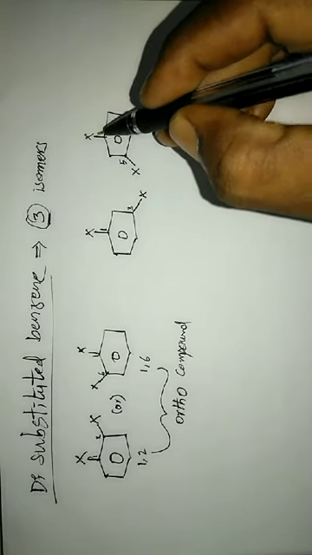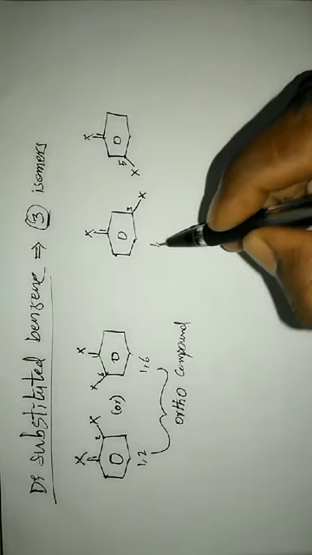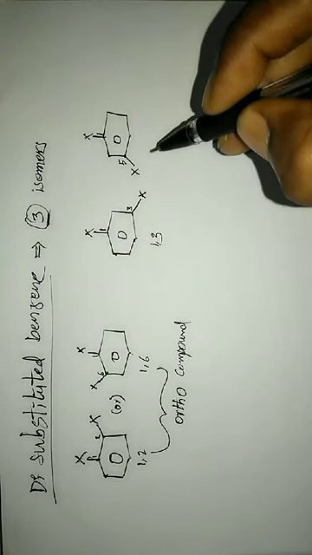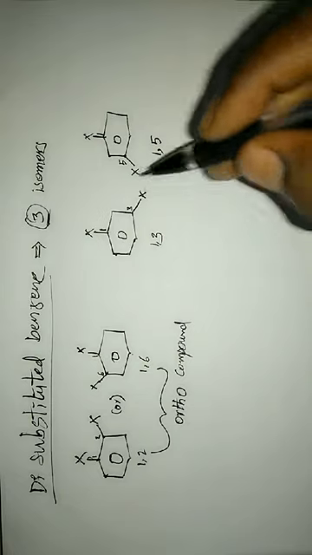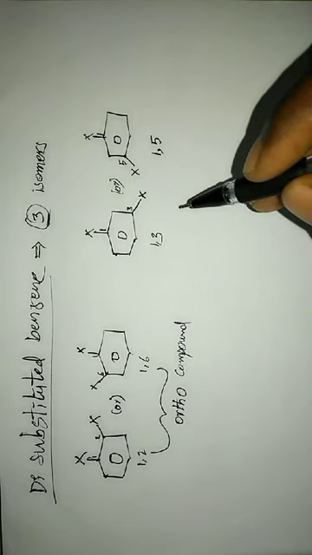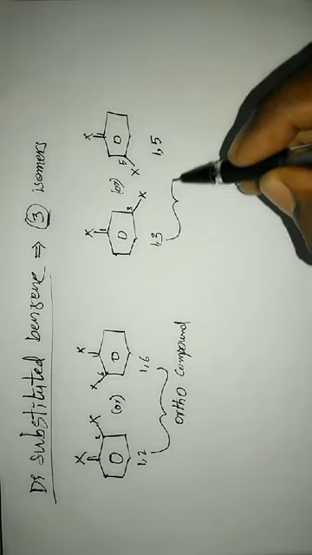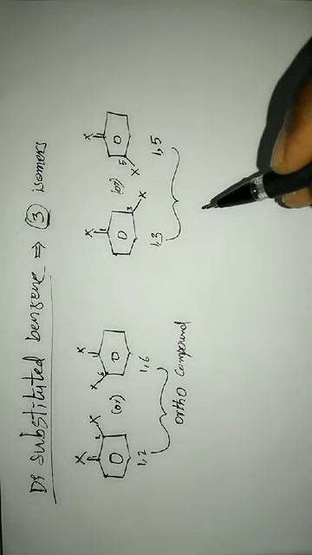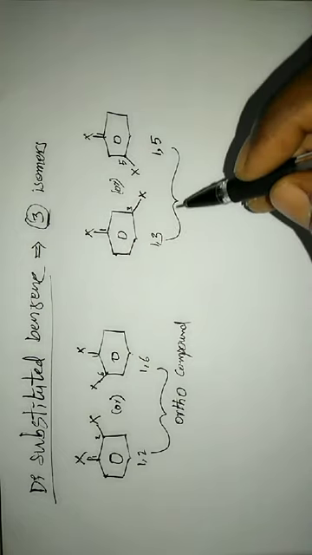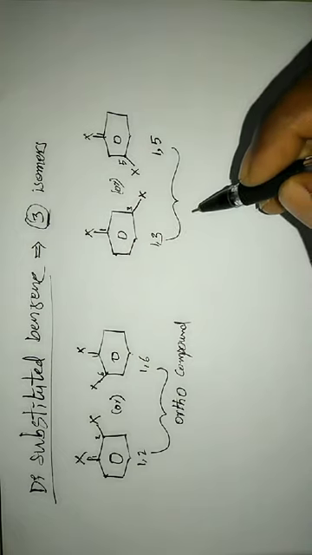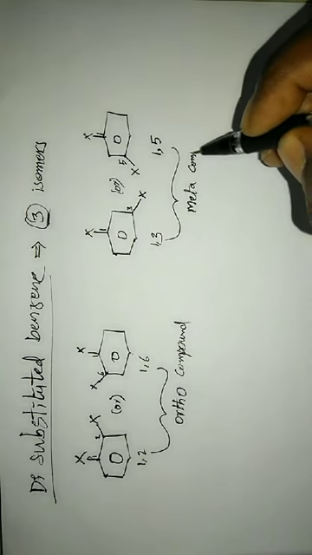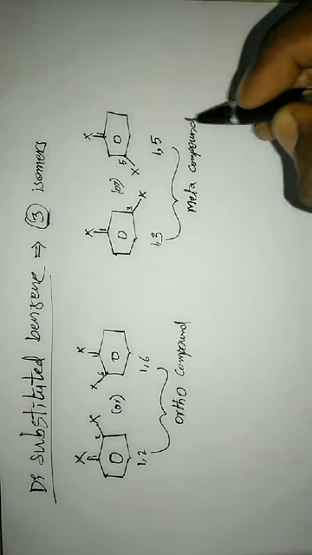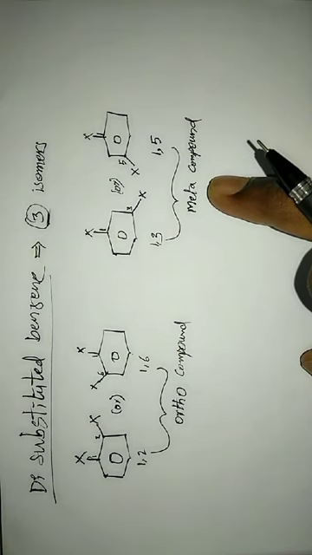This is the fifth position, this is the first position. 1, 3 disubstituted benzene or 1, 5 disubstituted benzene, these two are the same compounds. That means these two positions are equivalent positions and this compound is called a meta compound. This is the second isomer.